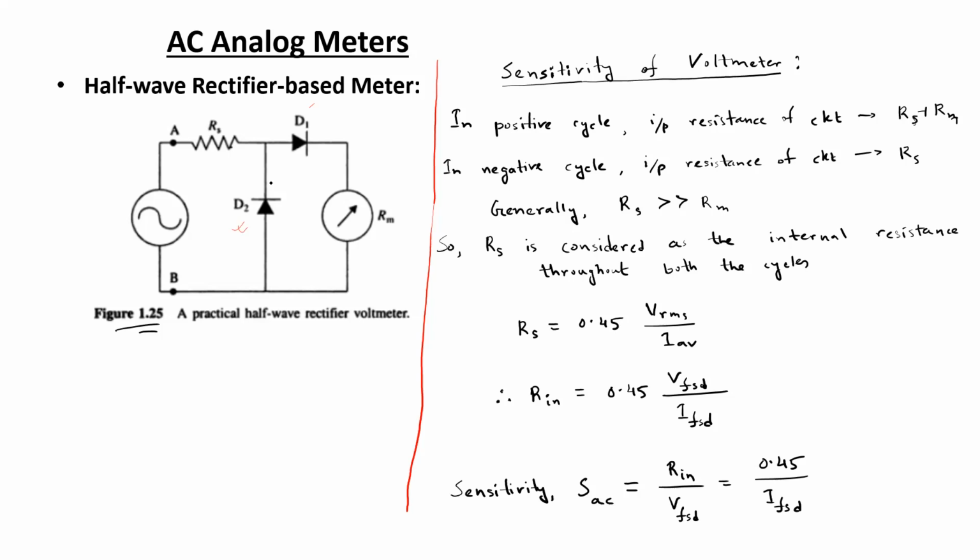So all the currents are going to flow through D2, as D2 is shunting the entire circuit. So in the negative half cycle, the input resistance of the circuit can be considered to be equal to Rs.